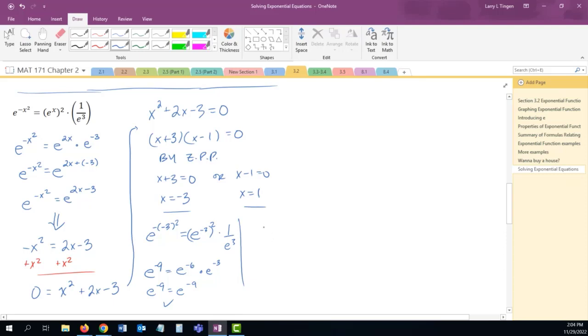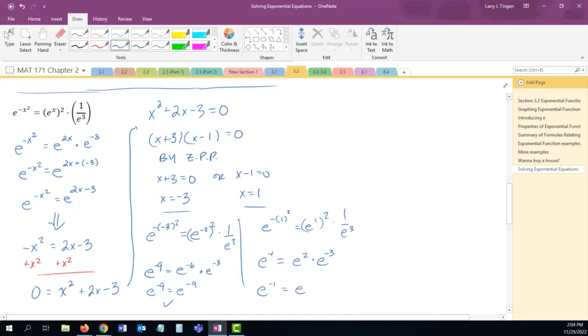If I get the 1, that's e to the -1 squared is equal to e to the first squared times 1 over e cubed. 1 squared is 1, but the negative is outside, so that's e to the -1 is equal to e to the first squared is e squared. 1 over e cubed is e to the -3.